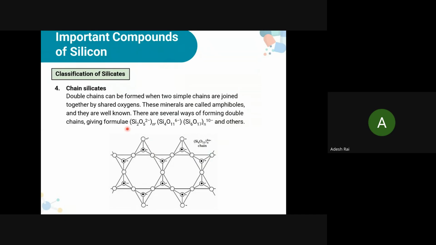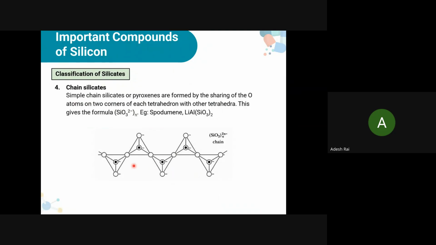Now, how is it different from the previous one? Here, the chains are eventually resulting in the formation of a cyclic structure. Double chains can be formed when two simple chains are joined together by shared oxygen. So if you see, this is one chain, this is one chain.